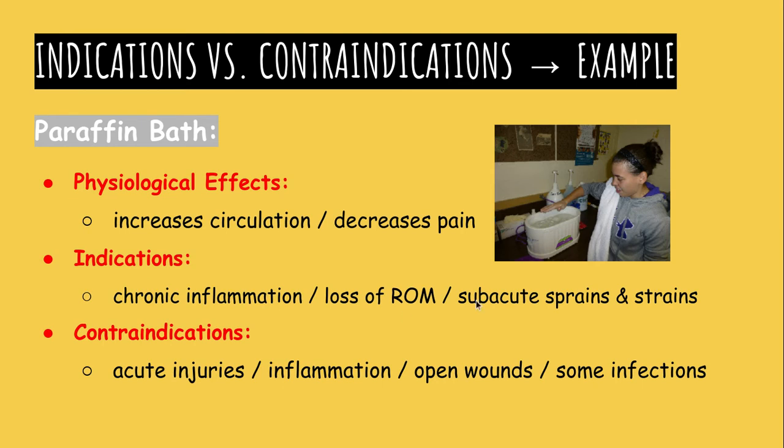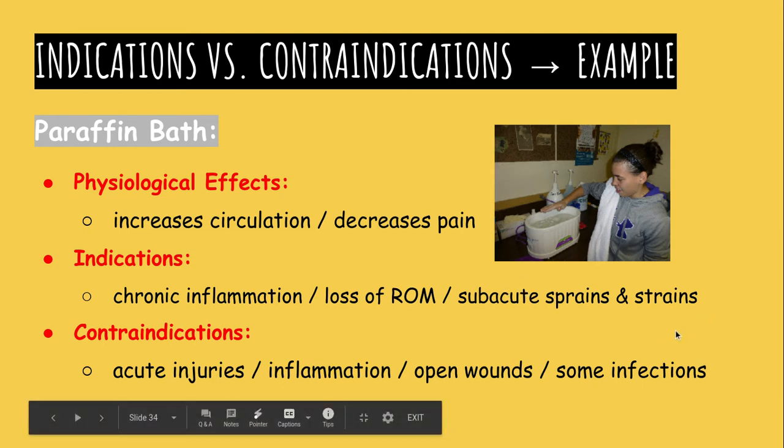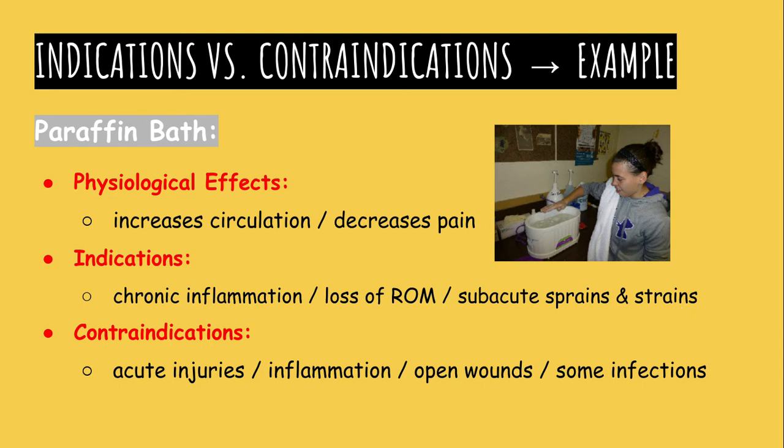If they have a subacute sprain or strain, so this would be if they have a sprain or strain that's past that inflammatory phase, but it still is recently injured. And then your contraindications would be those acute injuries.